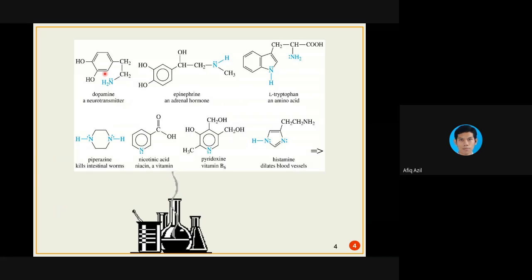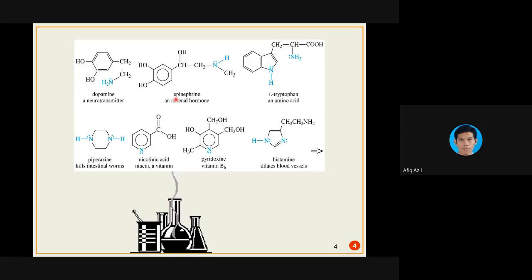For example, over here we have a few compounds and also enzymes. The first one is dopamine, which is a neurotransmitter. It is available in our neuron system, so it helps transfer signals to neurons.